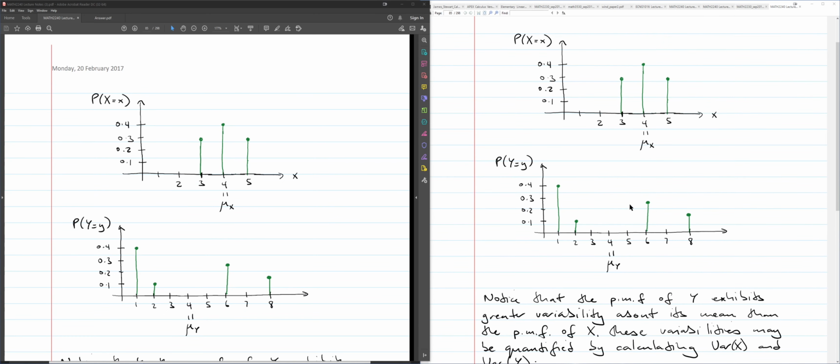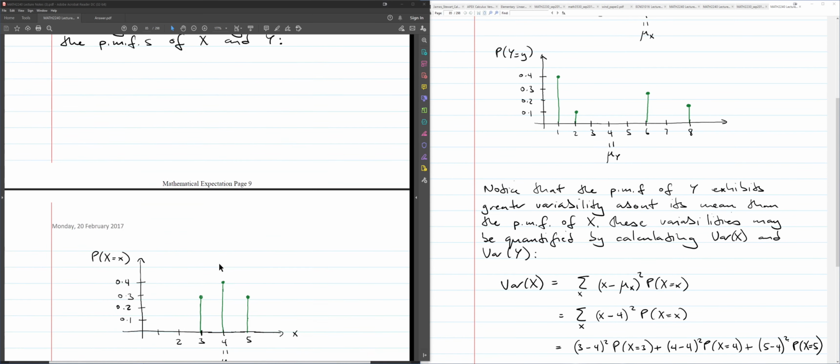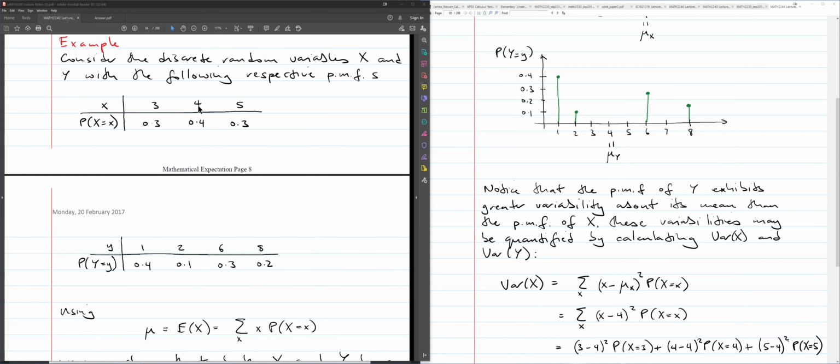All right, and similarly for X equal to 4, we use our formula here. We put in the 4 and we get 4 minus 4 squared, which is 0 squared, times the probability X is equal to 4.